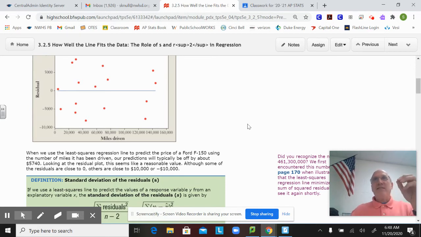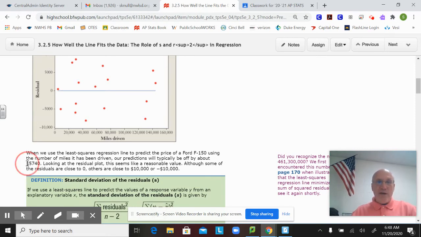You have to say a typical residual is that far from the regression line, but you have to say it in context. This sentence here is perfect. When we use least squares regression to predict the price using number of miles, that's my Y using X, our predictions will typically be off by about $5,740.